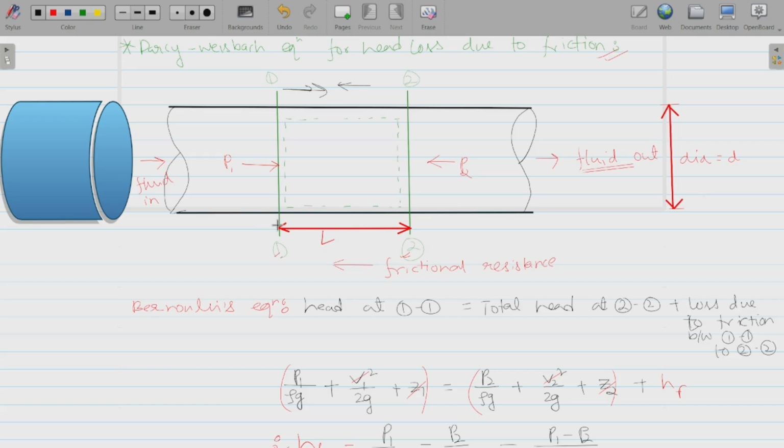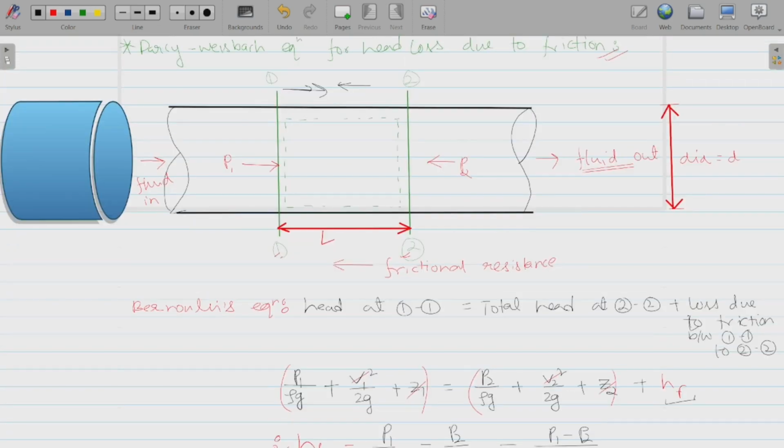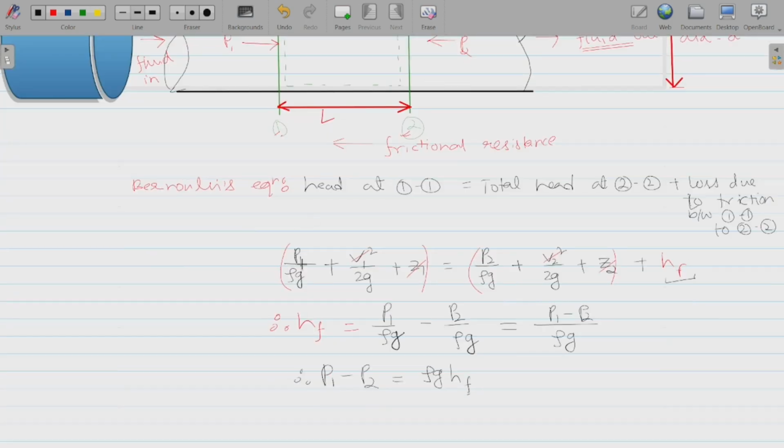That means the loss of head due to friction over the length we are analyzing, that is capital L. In that length, the loss due to friction is HF. So the head at 1 will be equal to the total head at 2 plus the loss that has occurred because of the flow of the fluid, right? So we have applied Bernoulli's equation with head 1, head 2, and the loss due to friction between 1 and 2.